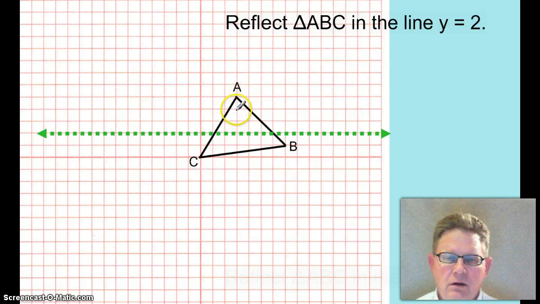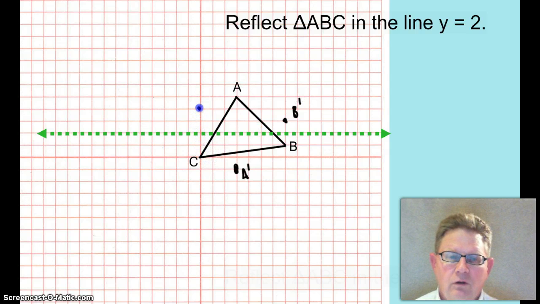So A here, it's 3 spaces away from the line of reflection. So on the other side, 3 spaces away, there's A prime. B prime is only 1 space away on the other side. There's B prime. C is 2 away.